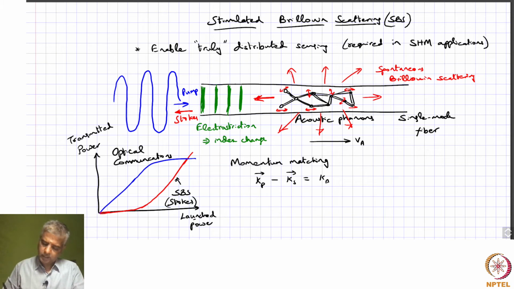So, that has to be matched by the wave vector corresponding to the acoustic phonon. Okay. Now, we know that the wave number corresponding to the acoustic phonon, because it is much lower frequency, is relatively small compared to the optical wave.